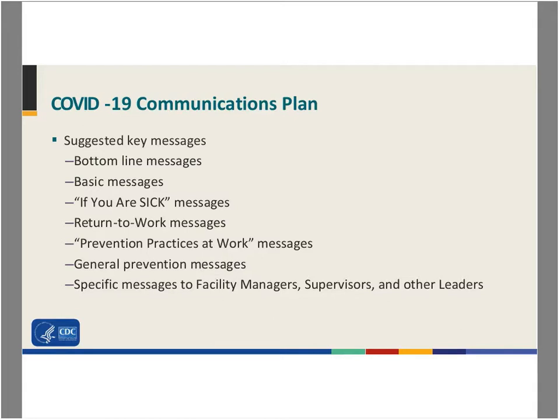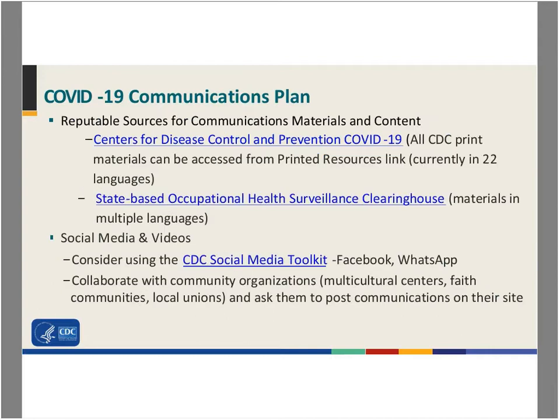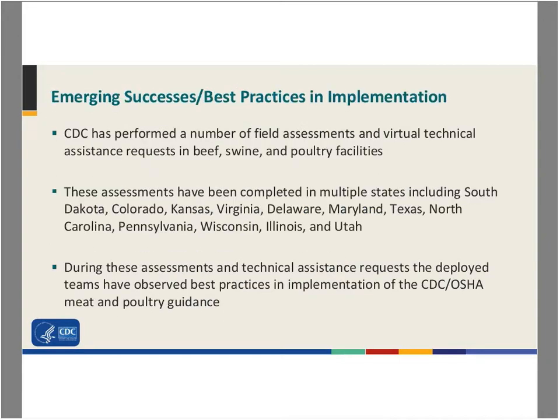So I really encourage you next week to go to the Toolkit page, which should be up and running for everyone to use. The communication plan also contains a list of reputable sources for information. I know we are all inundated with massive amounts of information, but this is science-based and continuously updated.